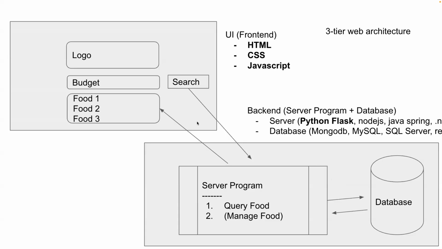Your front end then normally talks to your server program instead of talking to the database directly. Also, sometimes you store the data, but when you send it to the front end, you still want to do some manipulation and processing. That's a good thing to handle in the server program.